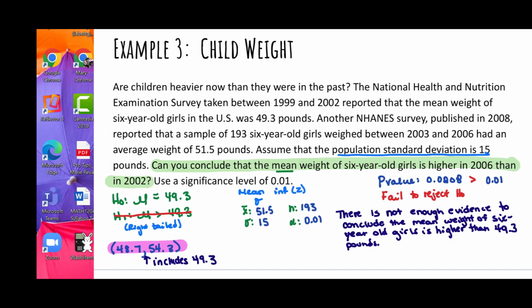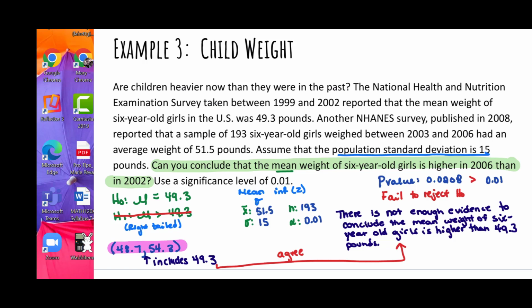So if that's included, then we can't say that the mean doesn't equal that, because it could. And if we can't say the mean doesn't equal that, then we can't reject the null, which means there's not enough evidence to say that it's greater than 49.3. So again, these agree. They show the same exact thing.